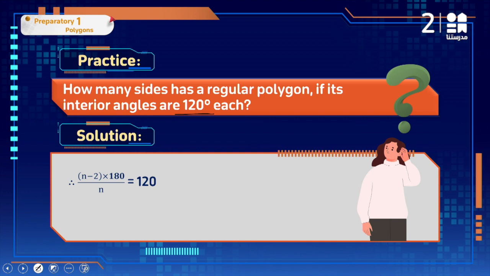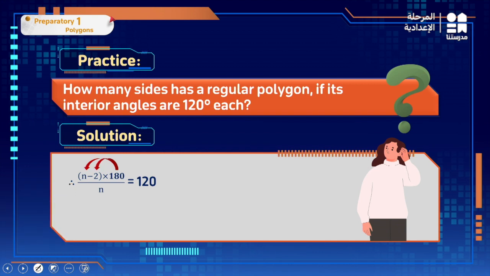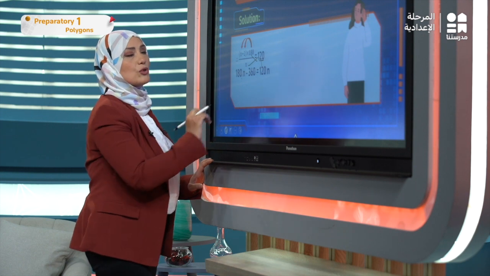So we need to distribute the 180 multiplied by n, then multiplied by 2. We have 180 times n and 180 times 2, so 180n minus 360. Then cross multiply with 120, which is over 1. How can we solve it now?